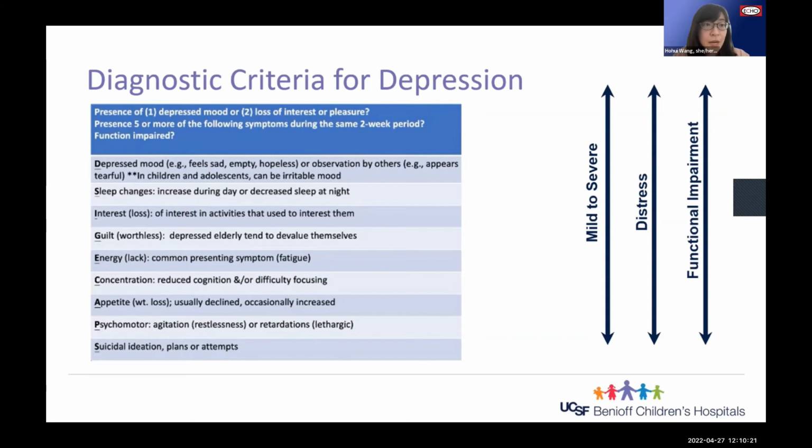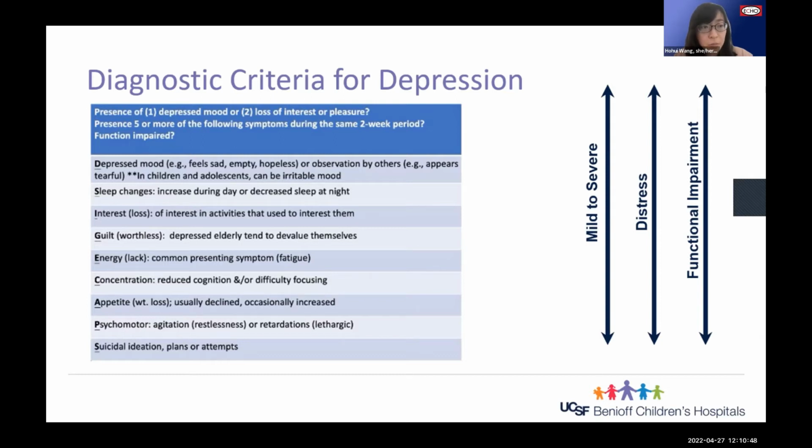And here is the diagnostic criteria for depression in the DSM-5. The first prerequisite is to look at whether the patient has depressed mood or loss of interest, which is anhedonia. If they fulfill either one, then we go down and see if they also have other symptoms, with the presence of five or more of the following symptoms during the same two-week period.